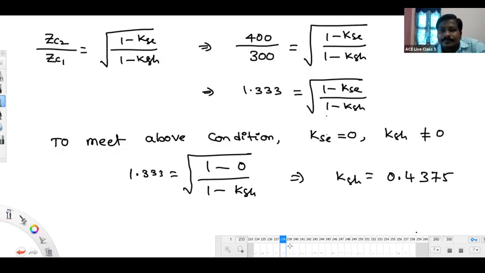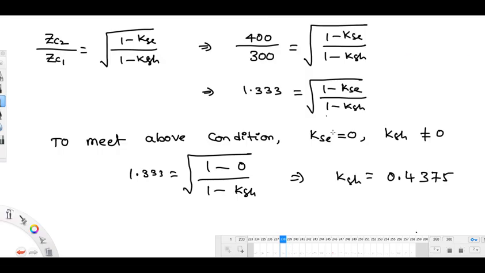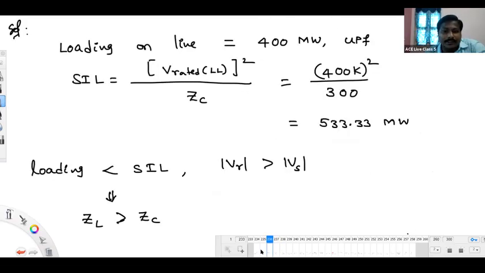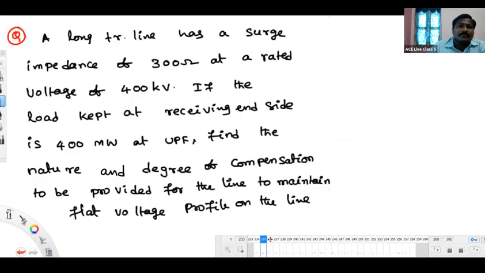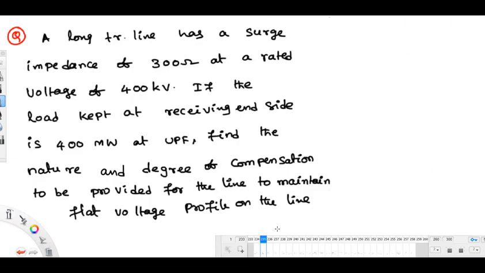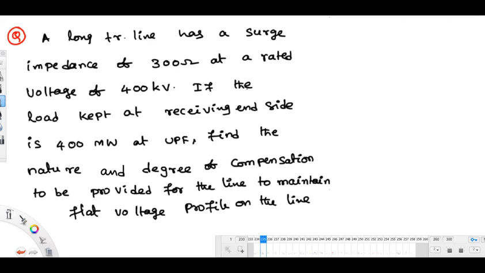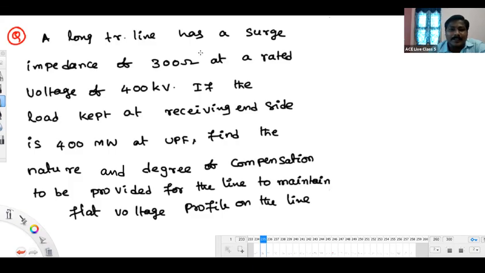Sir, is this sum under lossless or lossy transmission lines? Lossless only. I think I mentioned it in the question. But I have given surge impedance 300 ohms. If they are giving surge impedance, obviously the line is lossless.